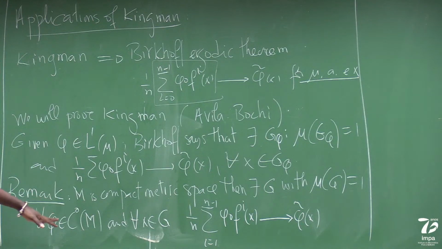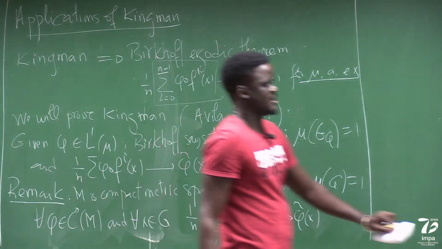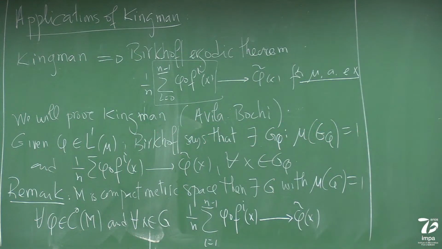So the idea is just to use the fact that this is separable, and you can do it by approximation. This is where I stopped last time.